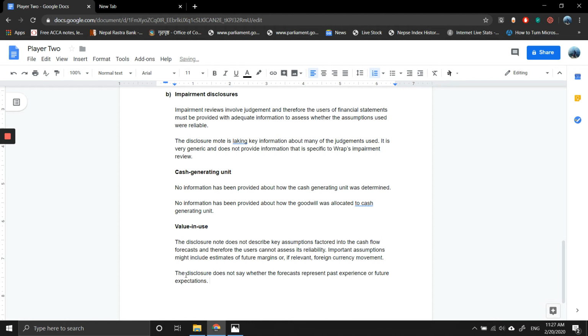It does not say about that as well. It also does not state whether there is any consistency with external sources of information.